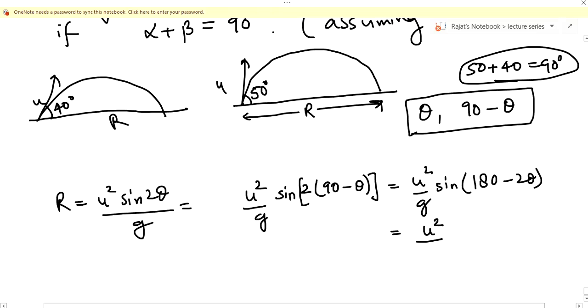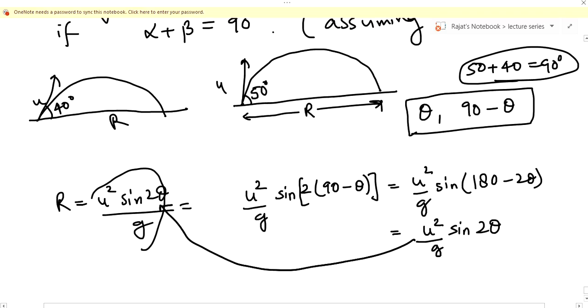And from basic trigonometry we know that sine of pi minus theta is sine theta only, so we will get sine 2 theta again. So if you are throwing it at theta, the range is u square sine 2 theta by g, and if you are throwing it at 90 minus theta, then again the range is u square sine 2 theta by g. So the range is the same for these two angles.